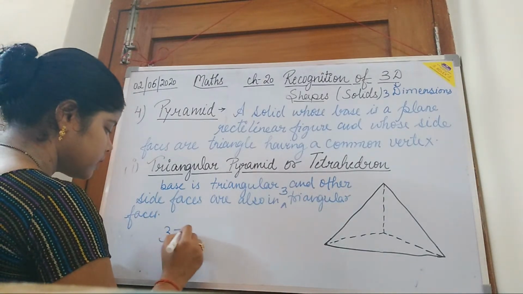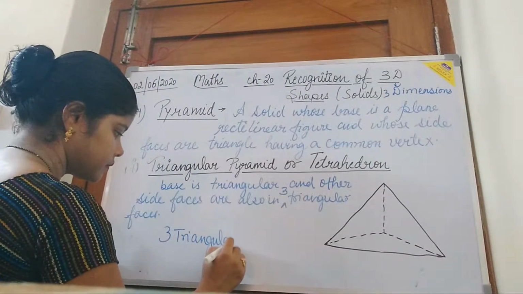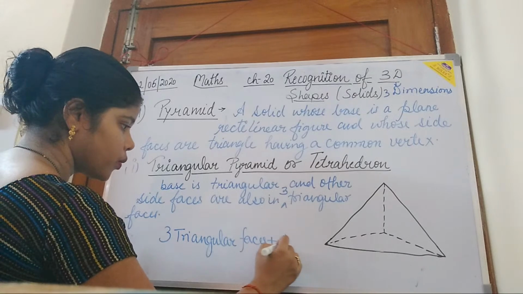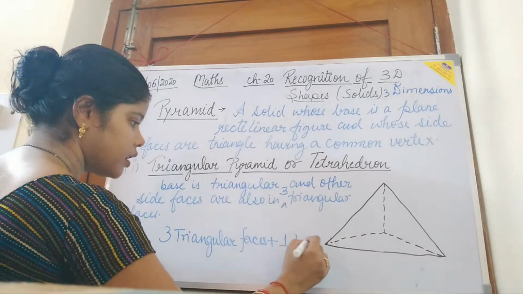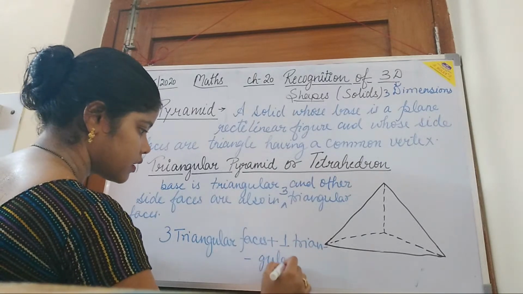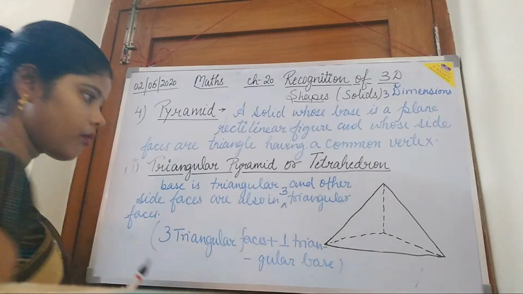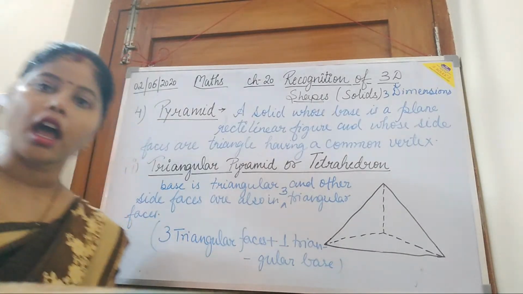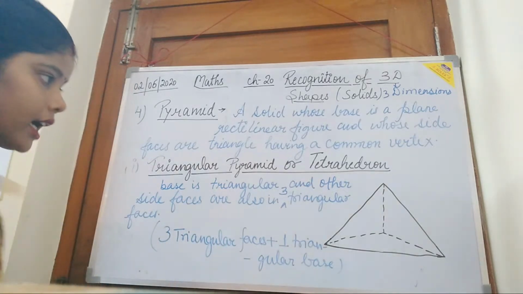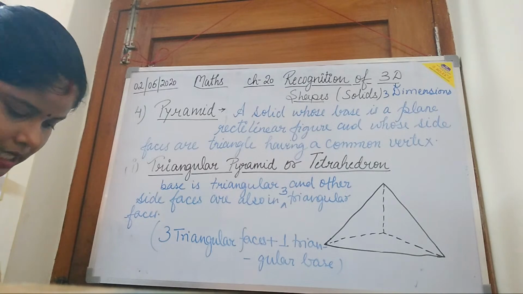Three triangular plus one triangular base. So in a tetrahedron, how many faces do we have? Total 4. And how many edges? 6.